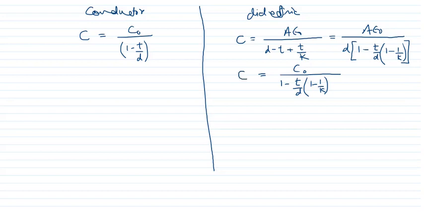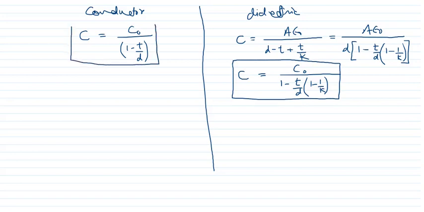This is the expression for capacitance with the dielectric slab, and this is the expression for the capacitance with the conducting slab. And in both the cases you can see C is greater than C naught. Here also the denominator is smaller than 1.